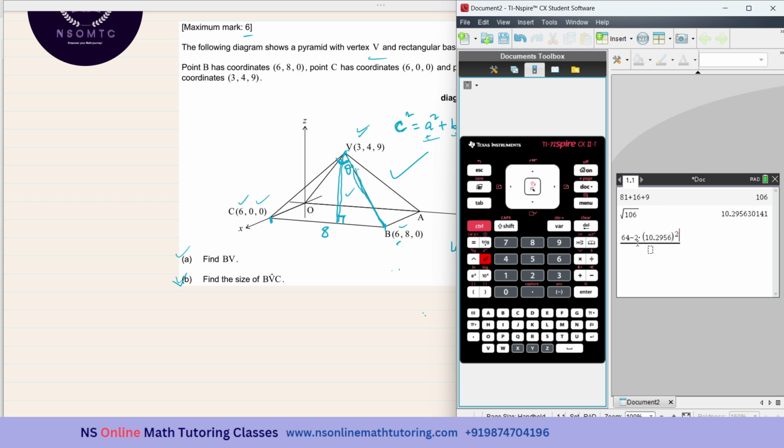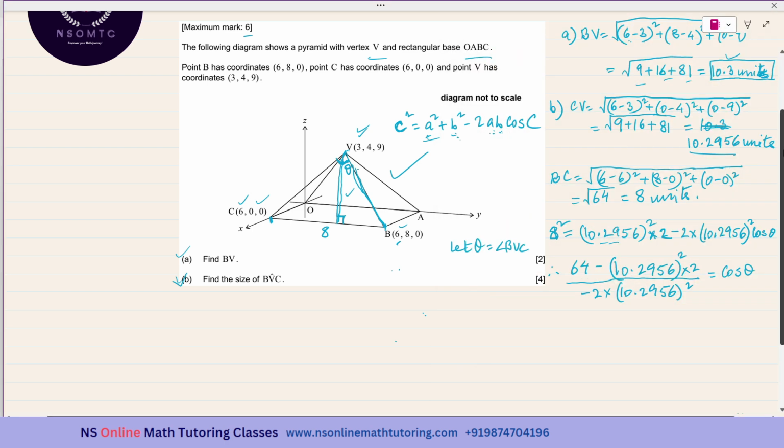I have multiplied with 2 before, so I don't have to write them multiplied by 2 after this. So this is again minus 2 times 10.2956 square. Enter. It is 0.6981114. Therefore, cos theta is 0.6981114.